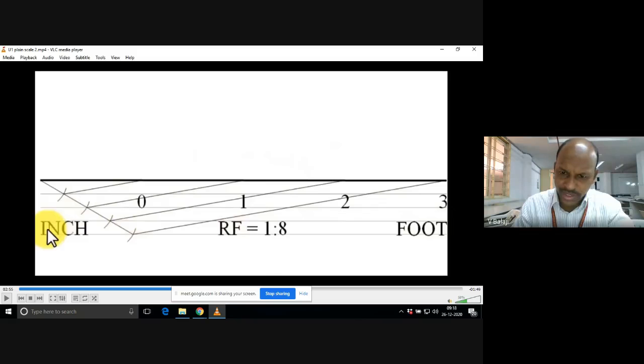And now the relation between yards and foot, or foot and inches. You can use this scale for 2 different purposes.